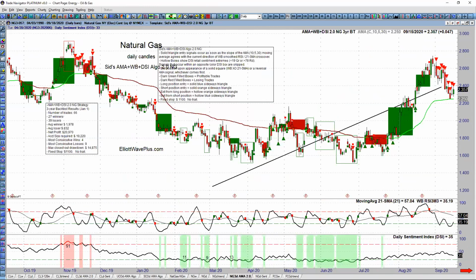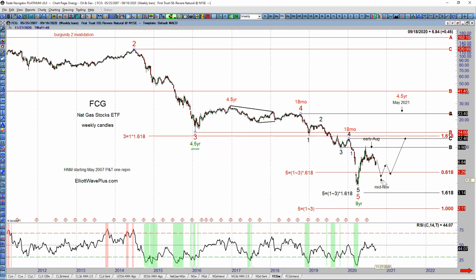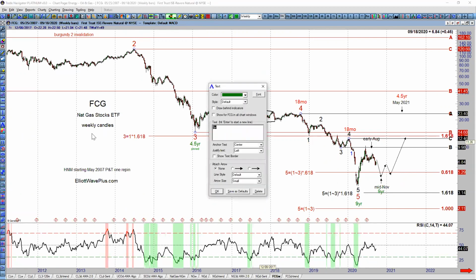Okay, and I already showed you on FCG, really looking for a major low down in November. Why? For the same reason that I'm looking for a low in everything that bottomed in March, because that's where the next 40-week cycle trough is due.